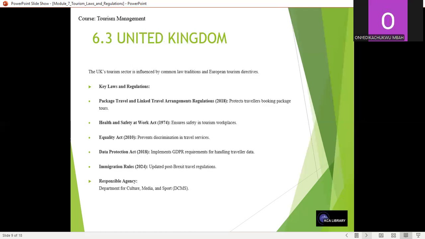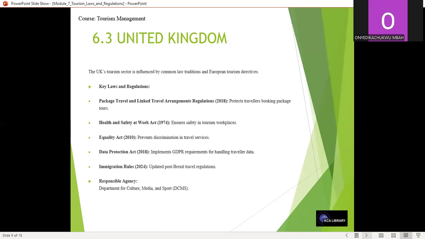Next, we have the United Kingdom. The UK's tourism sector is influenced by common law traditions and European tourism directives. So what are the key laws and regulations? We have the Package Travel and Linked Travel Arrangement Regulation, which was established in 2018.